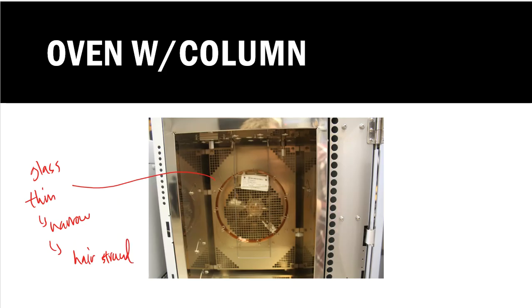One little hair follicle. That is how wide this column is on the inside. So that's the tunnel that all of these components will go into, and they will race through this tunnel and out the other end. And when they go out the other end, that's where the detector is. That's where the eyeballs are of the machine. So very, very thin, super narrow, but at the same time, very long.